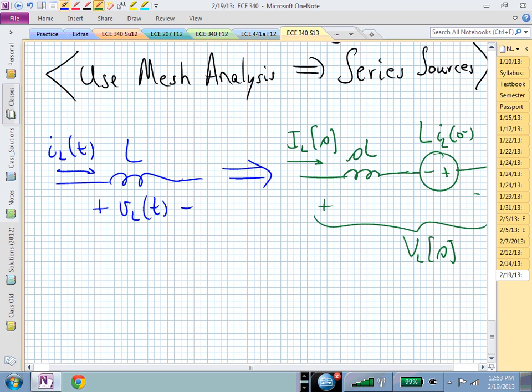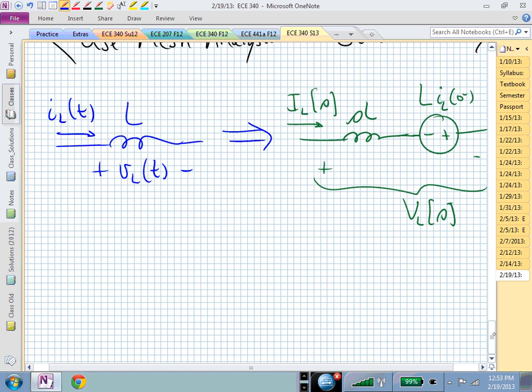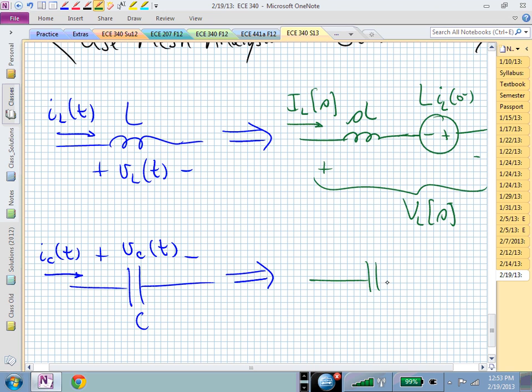Similarly, we're going to need to do the same thing for our capacitors. If we now have a capacitor, we're going to replace that with a series combination of its impedance. What's the capacitor impedance? 1 over SC. Is that clear that that's S and C are both downstairs?